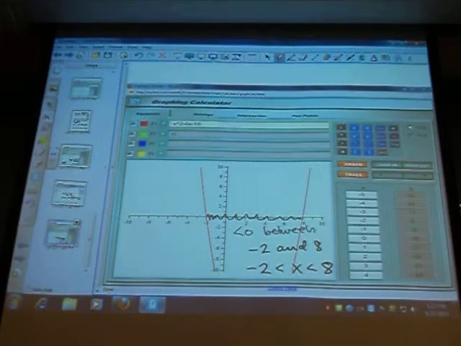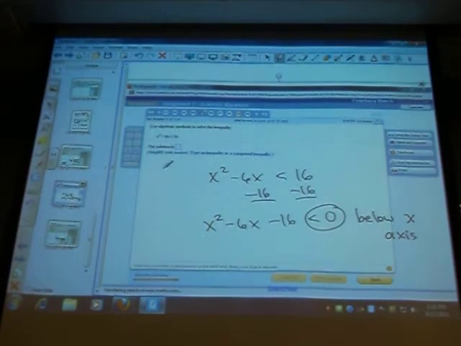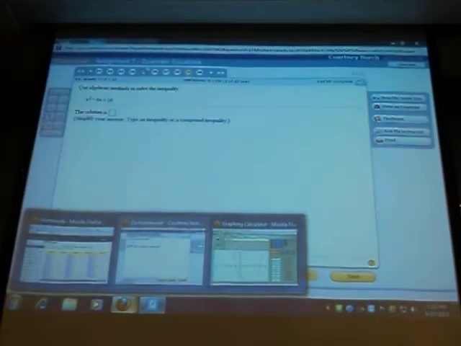Now, go back to the original problem. When you get to that point, you just go in and type it right into the graphing calculator. Look at the graph. Now, what's one that has two... Wait a minute, I got one more question.